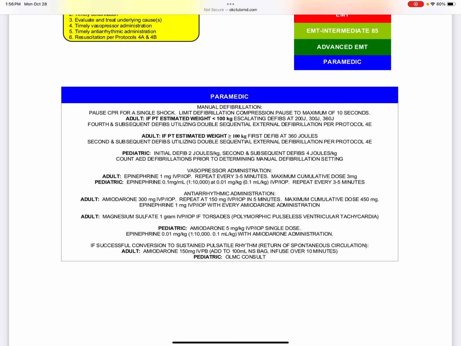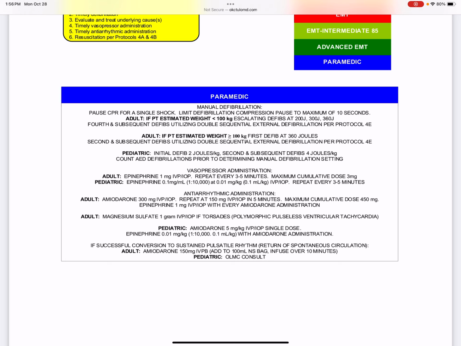You will only give 3 milligrams over that time. So you'll give 1 milligram every 3 to 5 minutes. And then once you hit that 3 milligram mark, so you've given 3 doses of epinephrine, you will not give any more unless they go into or back into asystole or PEA.